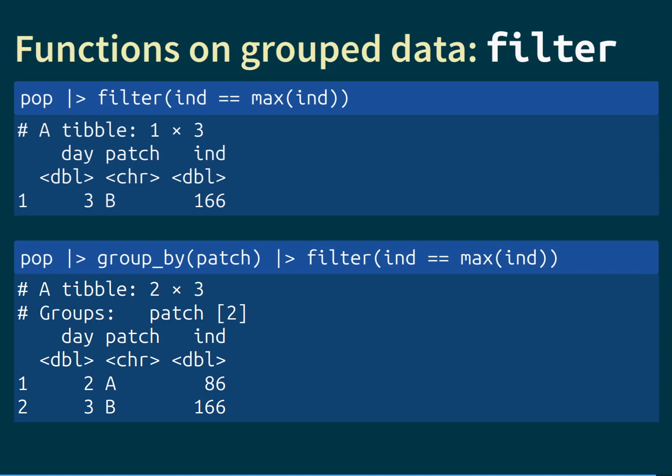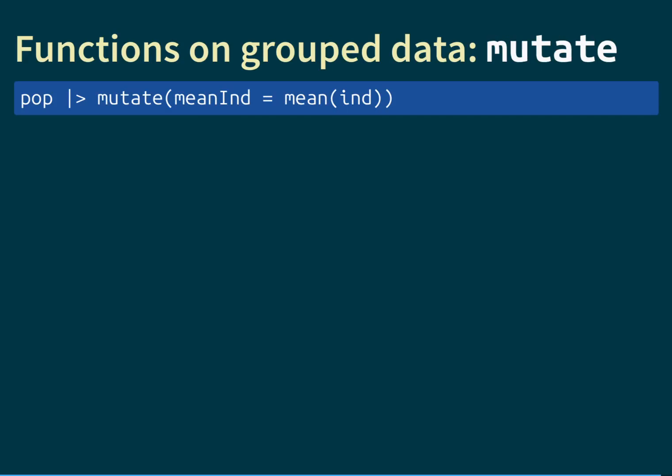Similarly to the filter function, the mutate function is also another one whose behavior depends on whether the data are grouped. Again, as a simple example, let us mutate on an ungrouped dataset, and here we are creating a new column called mean ind, which simply takes the average of the number of individuals. Now you might be thinking, that's strange, that returns a single number, shouldn't that be a summary?